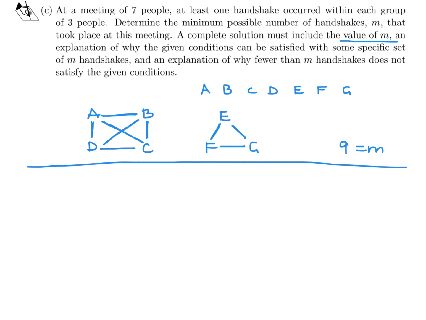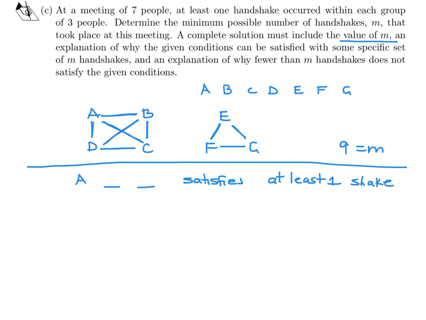Well, read the question. It says that if you take any group of 3, it will satisfy the condition that at least one handshake occurred. So let's take a group of 3. Let's take person A, and then 2 more people, and let's see if it satisfies the condition, which is at least one handshake within each group of 3 people.